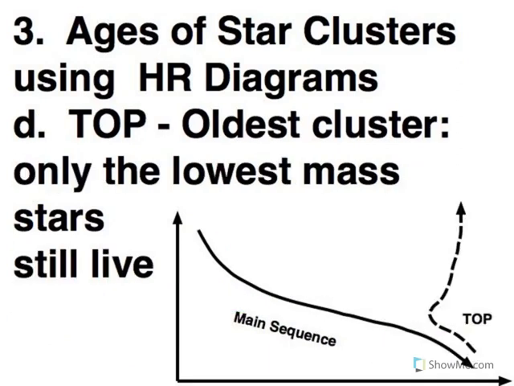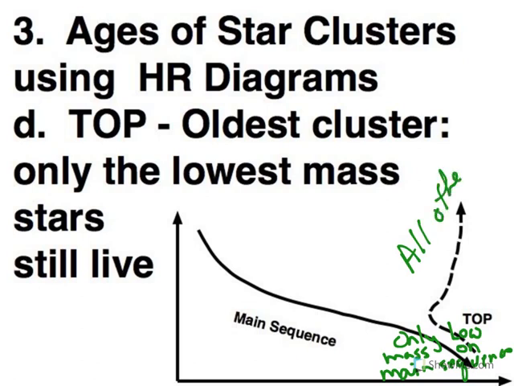And then finally, for the very oldest cluster, only the low mass stars are on the main sequence. All the other stars have died. So now our turnoff point is very low.